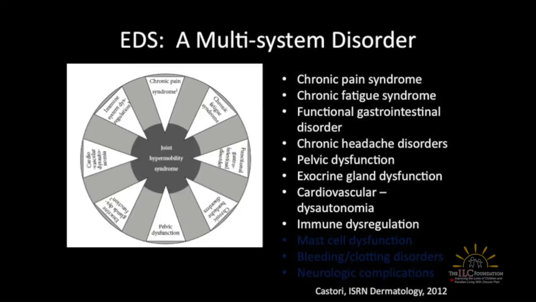And I've included a few things down here which Dr. Castori did not include, but which clearly seem to be part of the experience of Ehlers-Danlos syndrome as we understand it in 2014. These include mast cell dysfunction, bleeding and clotting disorders, and neurologic complications.